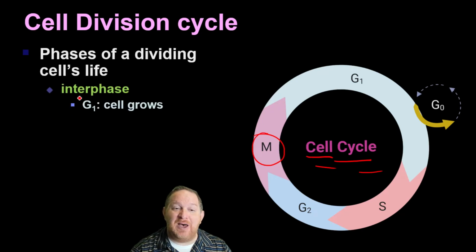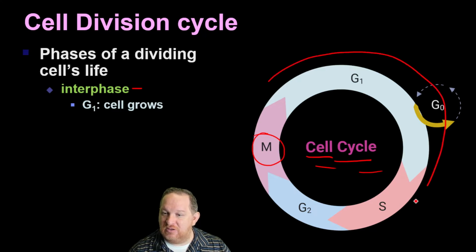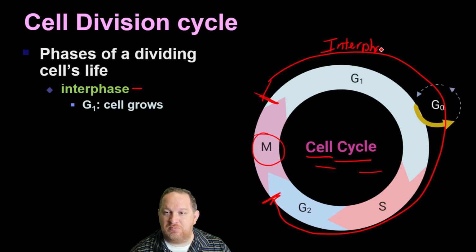Interphase is the most populated phase of the cell cycle. This is where the cell spends the most time. So let's divide interphase. And by the way, if you're looking at this chart, with the exception of mitosis, so G1, S, and G2, that's all interphase. Interphase is subdivided into these 3 parts. G1, think G, grow.